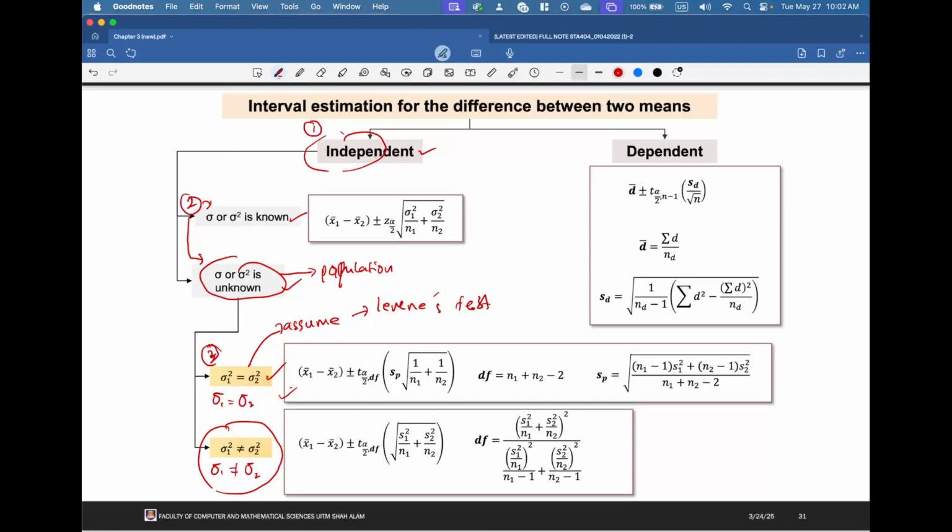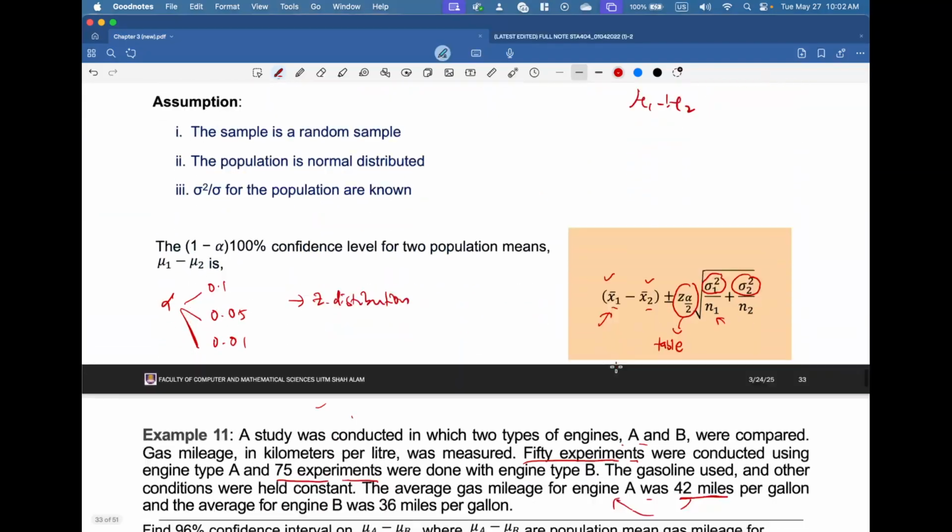These symbols here mean unequal, and this one is equal. Based on this, we will have different formulations for the cases under equal variances assumed and unequal variances assumed. We already covered this formula, so let's take a look at examples.